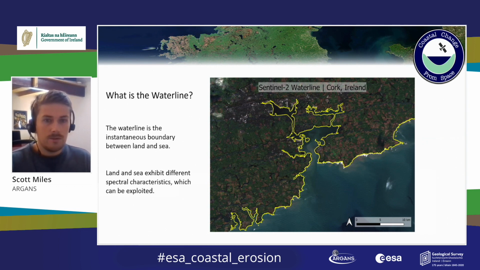So the waterlines are identifiable in the images where the image characteristics change sharply when moving from land to sea. The images capture the instantaneous waterline as the satellite passes, so we capture the variability in the tidal regime and the sea state.